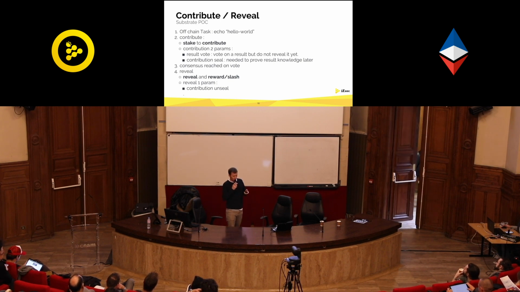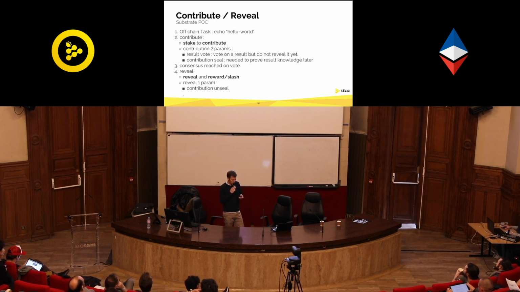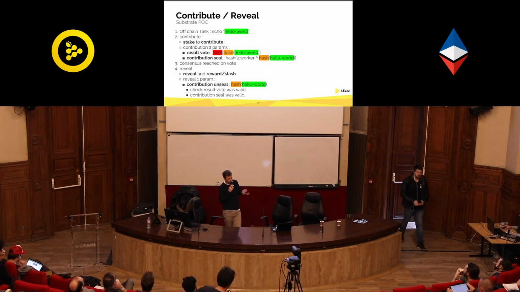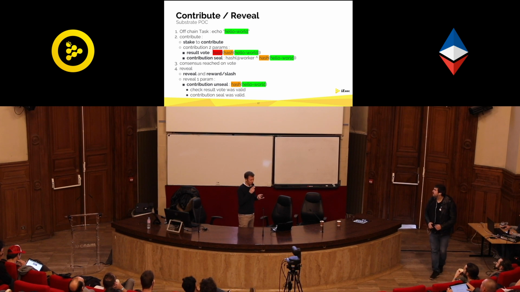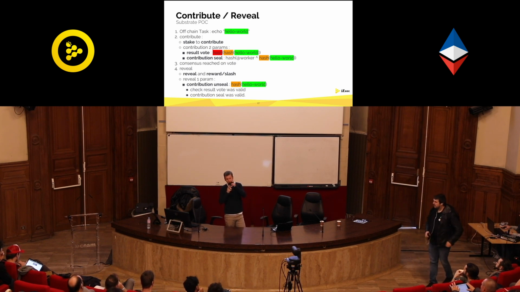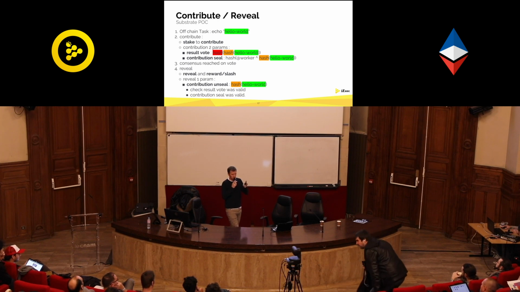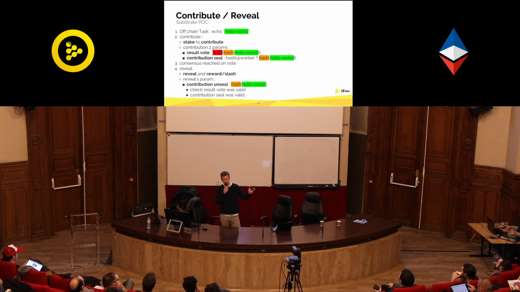The next slide is the same thing, but look at the colors. You see that when you vote, there are two levels, and so the contribution is sealed. And when you reveal, you basically reveal one part of the previous level.